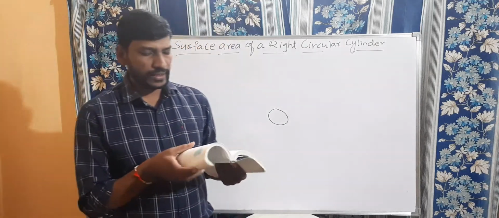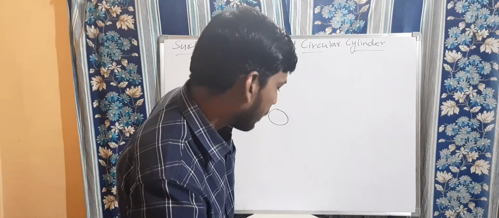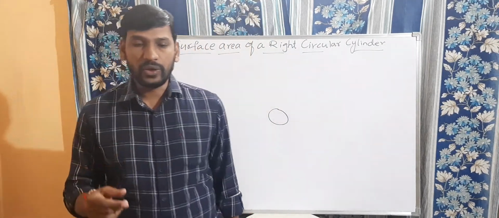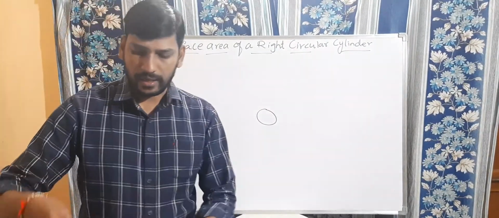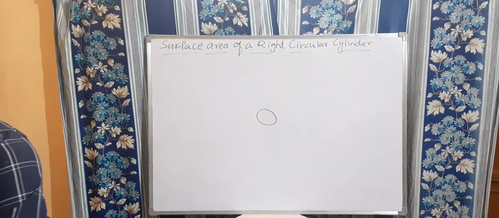So now for this right circular cylinder, you again have curved surface area as well as total surface area. You can make a right circular cylinder with paper also. I'll show you how to make a right circular cylinder.